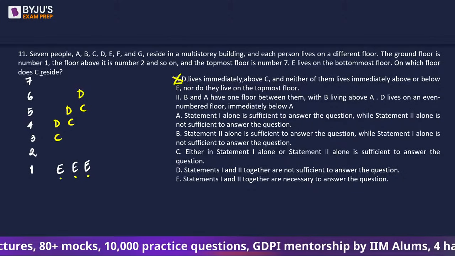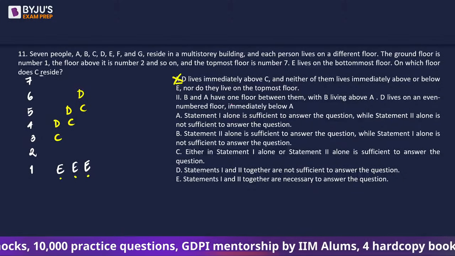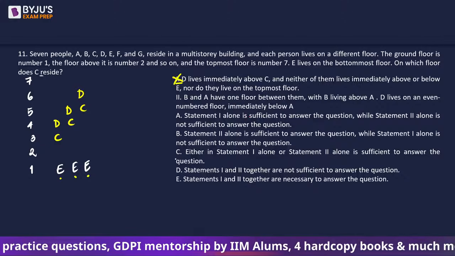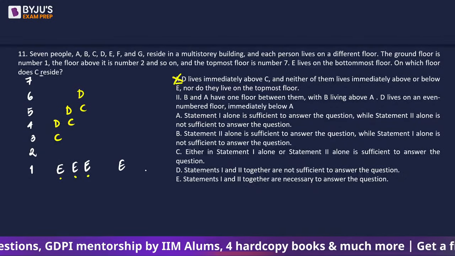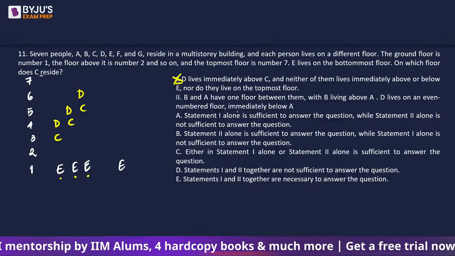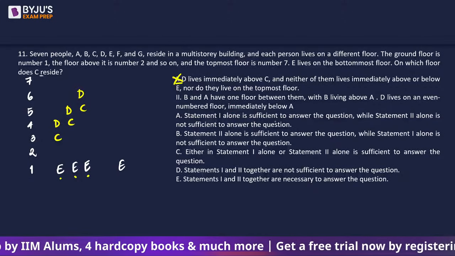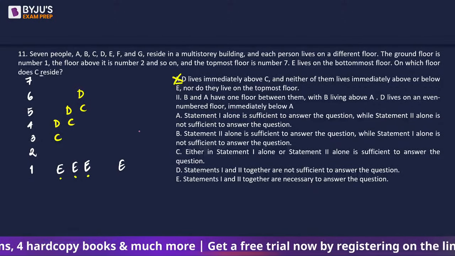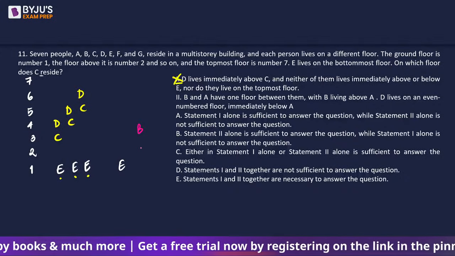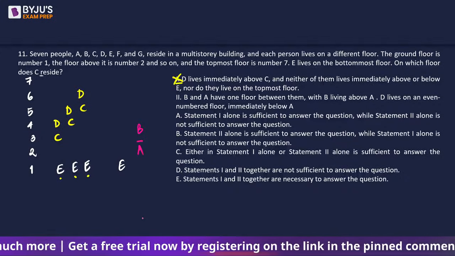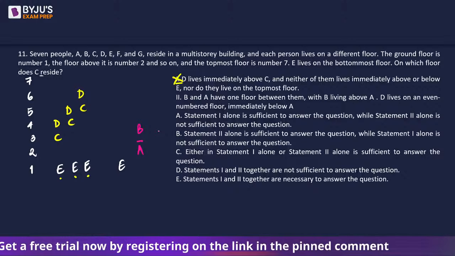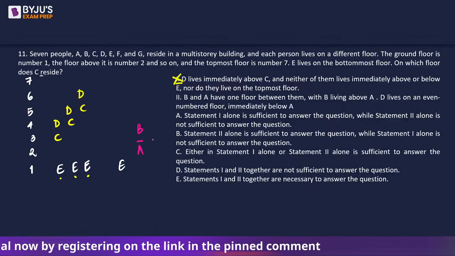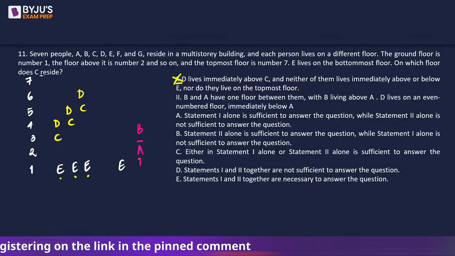Let's use the second statement now. B and A have 1 floor between them, with B living above A. So B lives above A with a 1 floor gap between them. D lives on an even numbered floor immediately below A. So this is the sequence that we need.